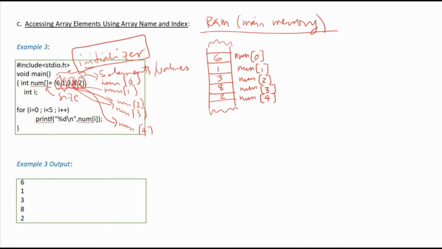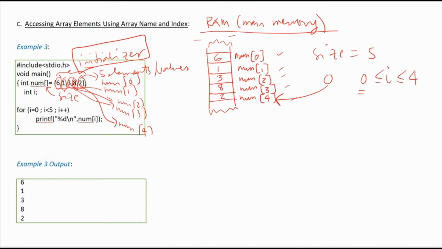So if the size is 5, like in this case, there are 5 elements, then the indices would be from 0 up to 4. If you denote the index to be I, then the value of I would range from 0 to 4. 5 is not included since we start with 0. So these are 5 elements, num0, 1, 2, 3, and 4.